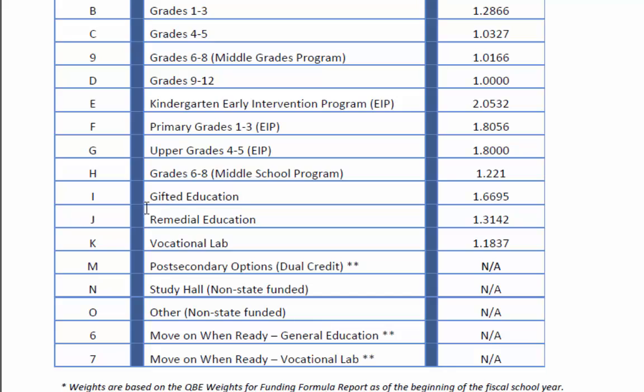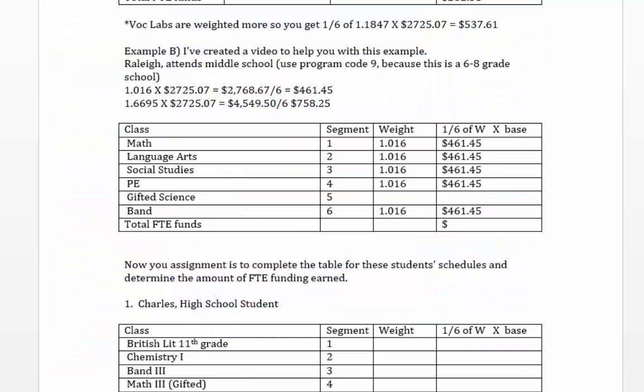Okay, notice I've got my chart again, and there's gifted education. It's program I, and it has a 1.6695 weight. Okay, notice what I did here. I took the weight of the gifted science class, 1.6695. That's pretty good.